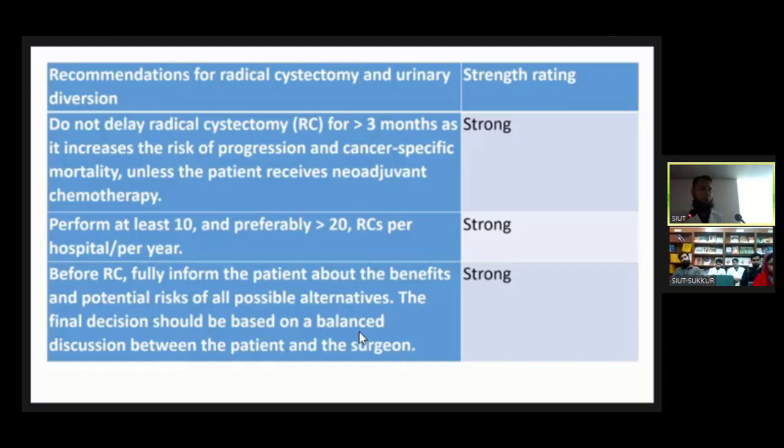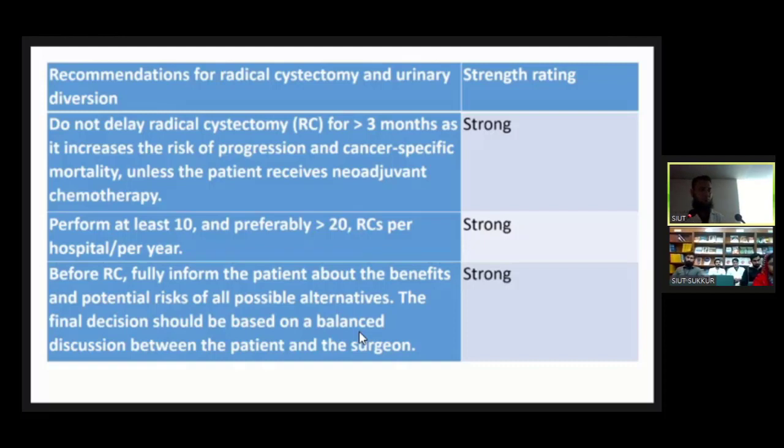We are still far behind that kind of number, which is for a high output center. We can satisfy ourselves that we do 1 or 2 cystectomies in a week, but that is not enough. There are centers in the world doing at least 2 to 3 cystectomies a day, and that is Mansoura in Egypt.